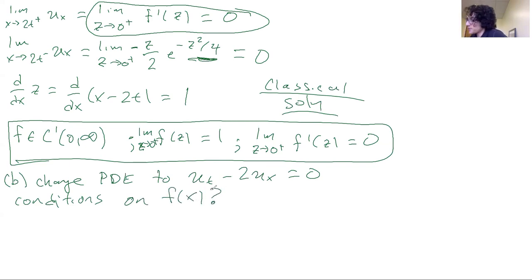In particular for the initial value problem to have a solution, okay? So now u of x,t is going to be equal to some unknown function of x plus 2t.